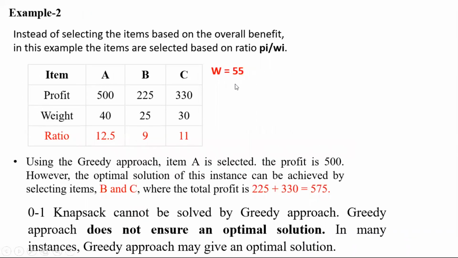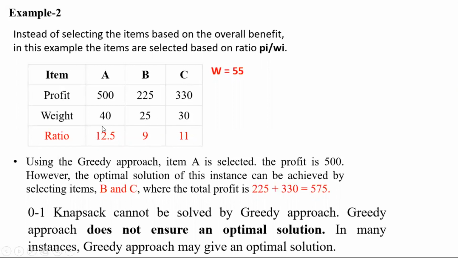Even if we take the profit to weight ratio, this is another example with 3 items, A, B, C. Profit for A is 500 and weight 40, for B, profit 225 and weight 25, and for C, profit 330 and weight 30.